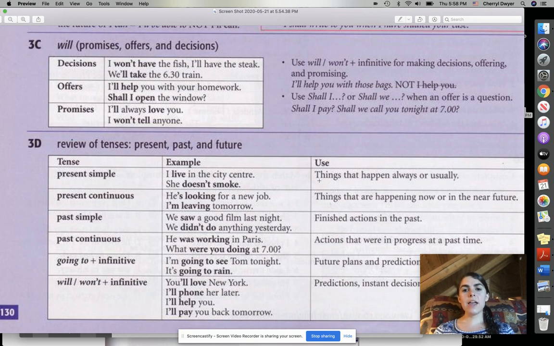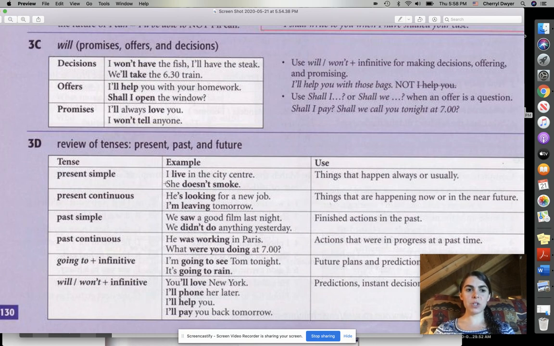And they say things that happen always or usually, right? So things that happen a lot. So the example they give you here is I live in the city center, right? Maybe you always live in the city center, or most of the time you live there. Or she doesn't smoke, right? It's pretty much always true. Present simple. Okay?